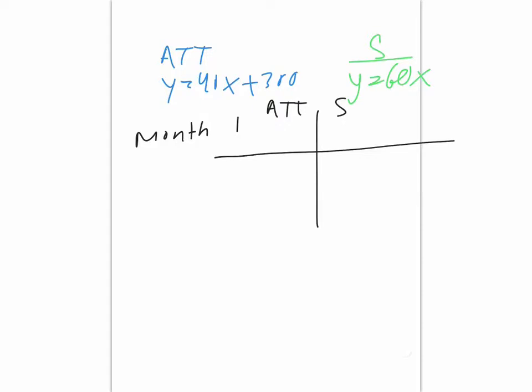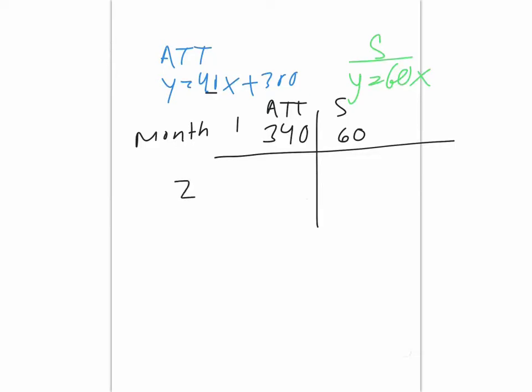If I plug in $40 times 1 month, that would be $40 plus the $300 I've paid for the phone. In 1 month, I've paid $340 for AT&T, but notice in 1 month, 60 times 1, I'd only pay $60 for Sprint. So if for some reason I'm going to keep my phone for 1 month and that's it, Sprint is certainly much less expensive.